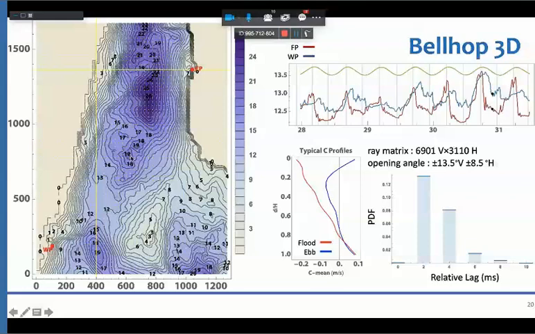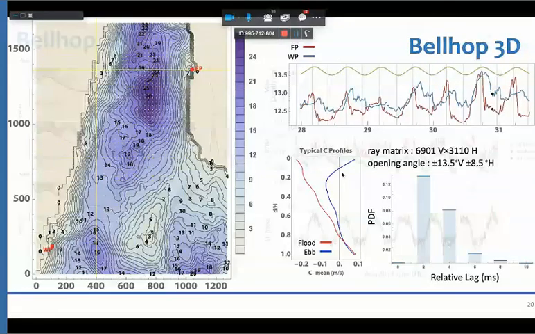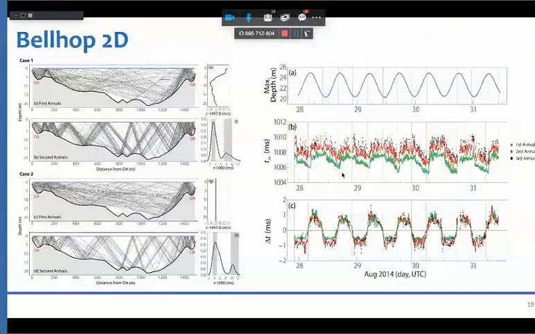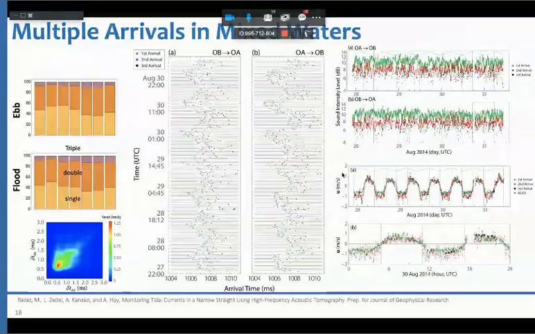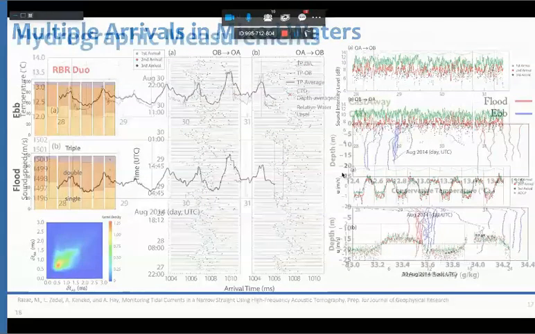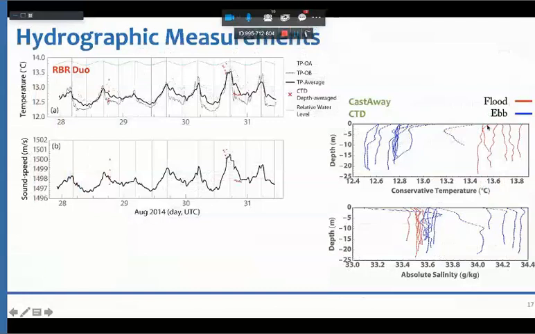Because I didn't have a lot of sound speed measurements in this area, I averaged all the profiles in the ebb and all the profiles during the flood together to give a standardized or normalized flow.